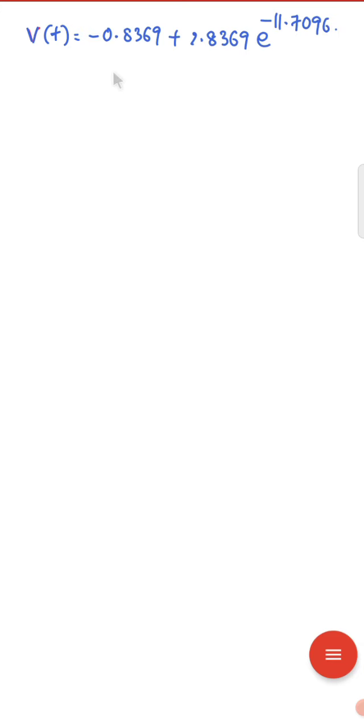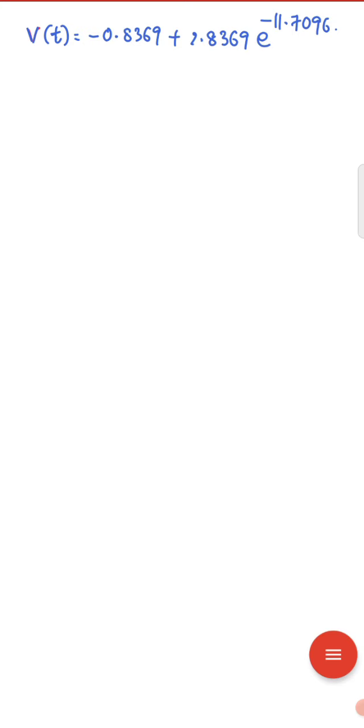I have that. Let me adjust a bit here. Okay, this is v of t, velocity in terms of time t.